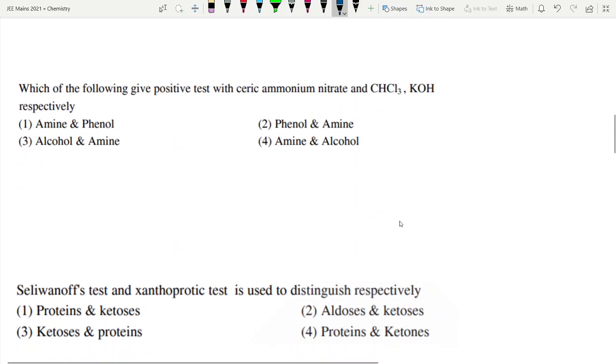Which of the following will give a positive test with ceric ammonium nitrate and CHCl3? Okay, so this is a test for alcohol. This is an oxidizing agent, and I don't remember exactly the color.